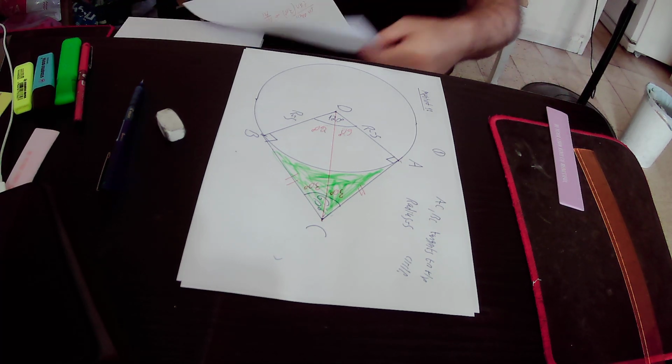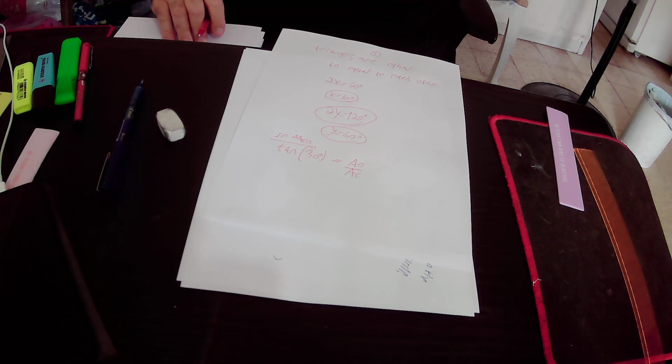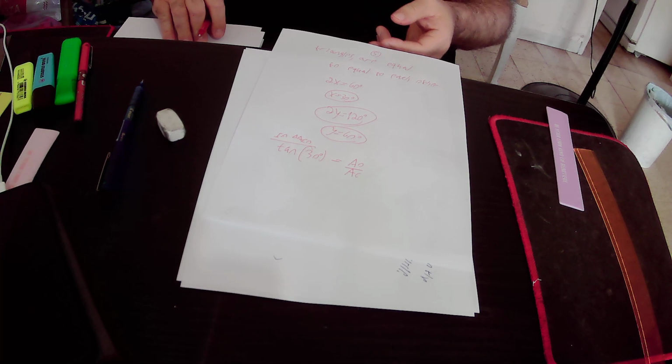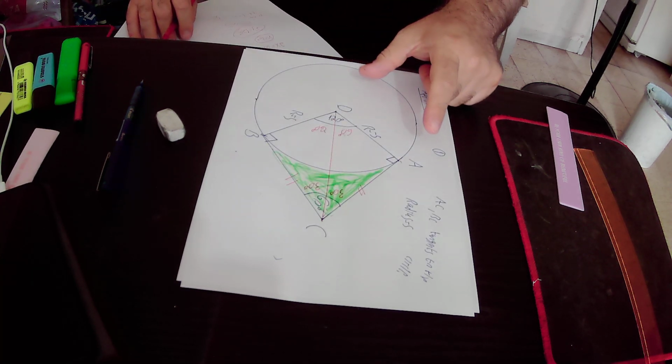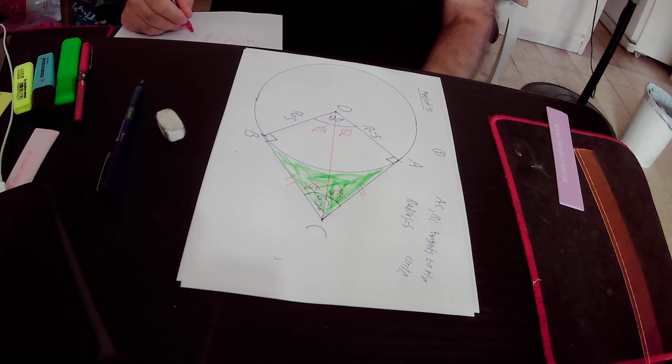Again, in the right triangle ACO, tangent of 30 degrees equals AO over AC. But what is the size of AO? AO equals 5 units, over AC.